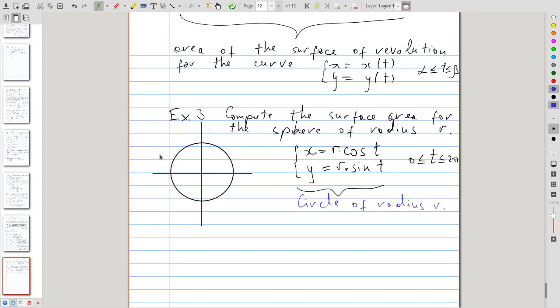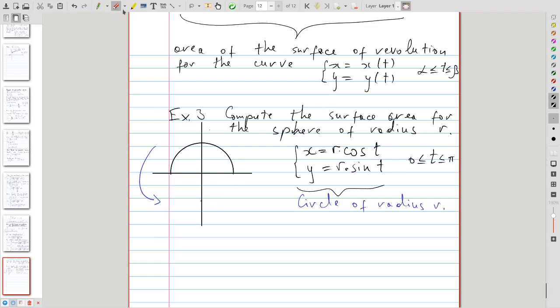And then what we'll do is we'll rotate it about the x-axis, for example. And in fact, we don't need to rotate the entire circle. We can just rotate its upper half. So we'll just rotate the part from 0 to pi, the part that corresponds to the angles from 0 to pi.